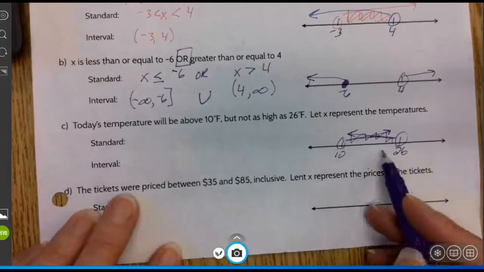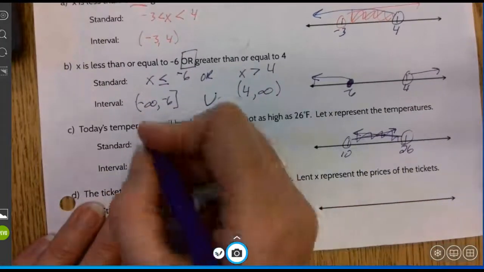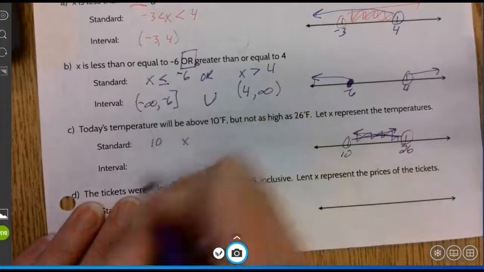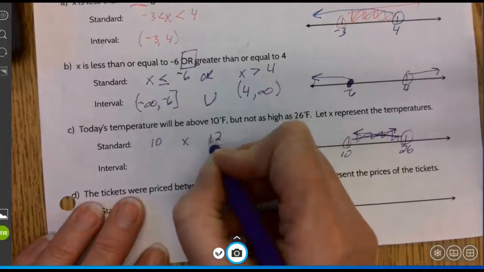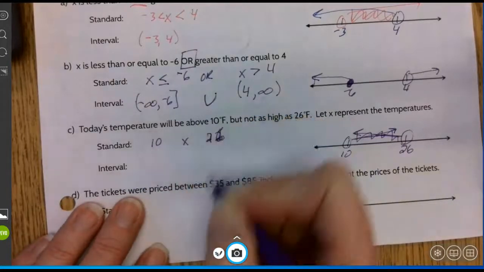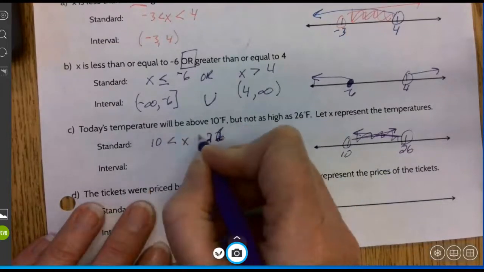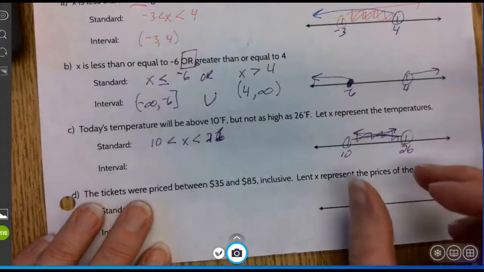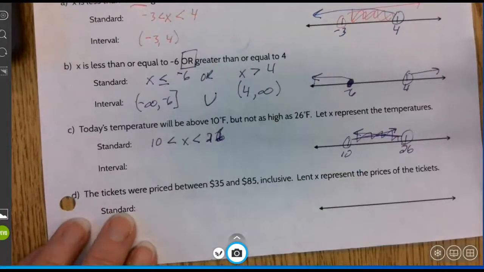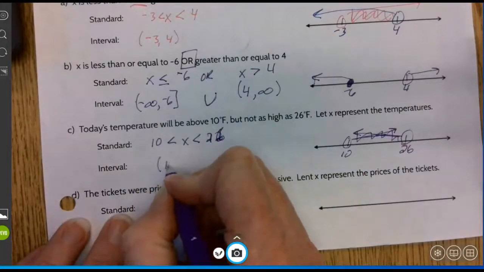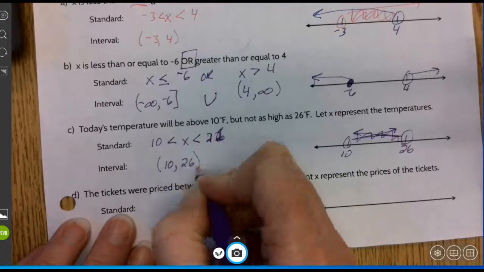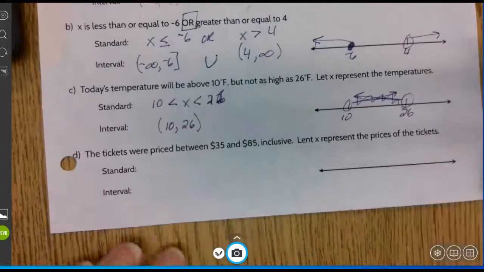Okay, so stuff in between for standard, remember we put the smallest, we put the variable, we put the largest. 26. And then we just put the inequality signs, they're both open circles. For interval notation, okay, it's just going to be from 10 to 26. See how that interval notation is so awesome?